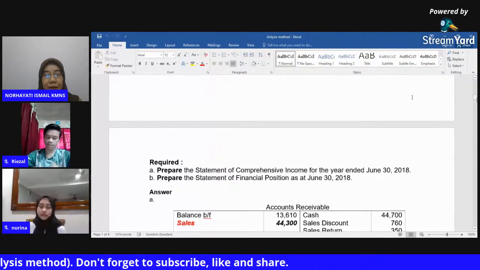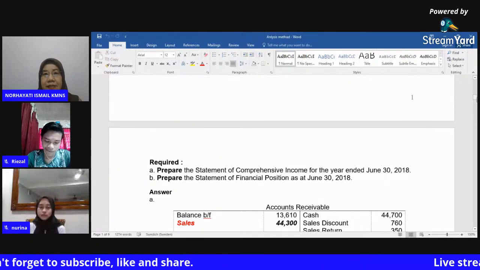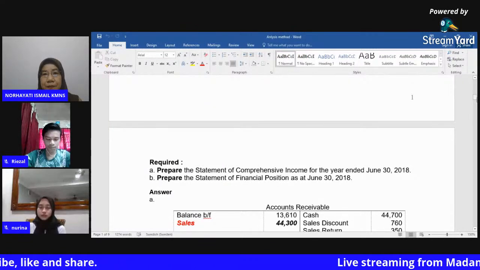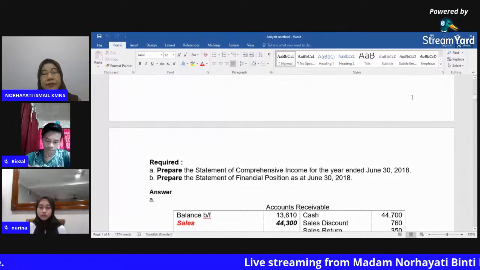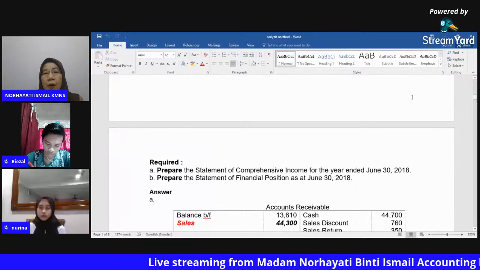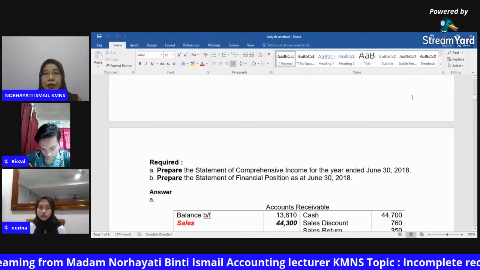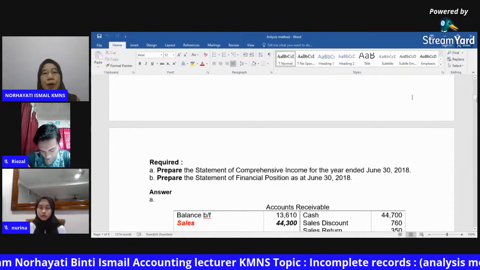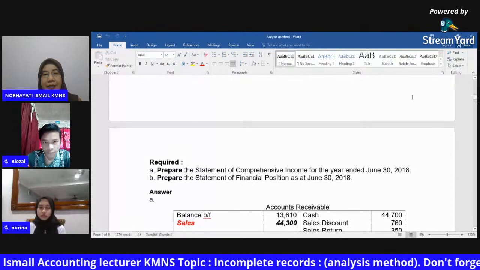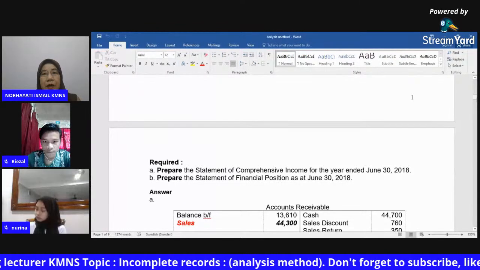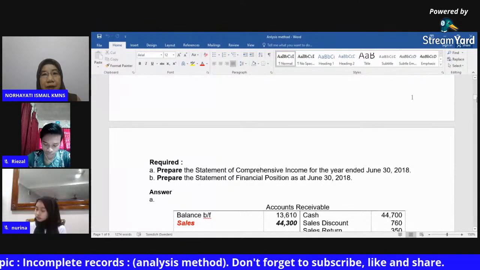Number three, we must prepare adjustment for expenses, either prepaid expenses or expenses payable.